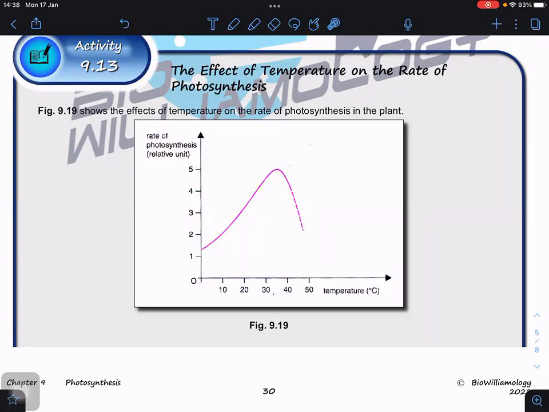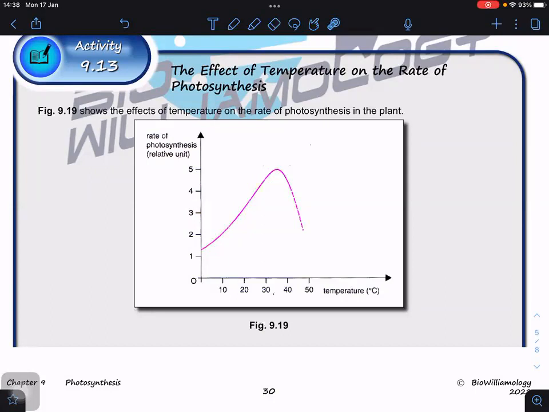One thing that we need to understand here is that in this graph the optimum is roughly 30 or 35, but in fact, for most plants it is roughly 25 to 30 degrees Celsius. Are you clear? Okay, the optimum temperature for plant enzymes is generally 25 to 30 degrees Celsius.